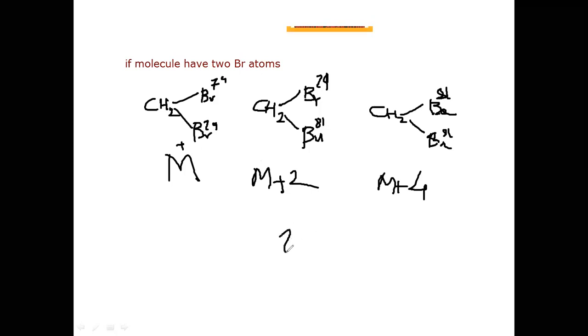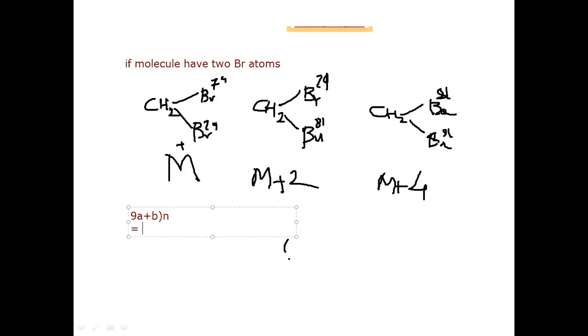But what is the question? What is the intensity? Now calculate by using the formula. How will we find this? You just write (a plus b) to the power n, binomial equation.